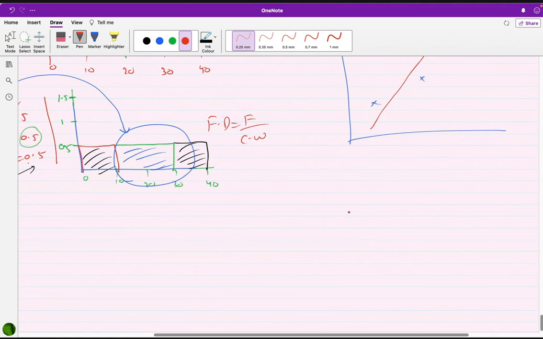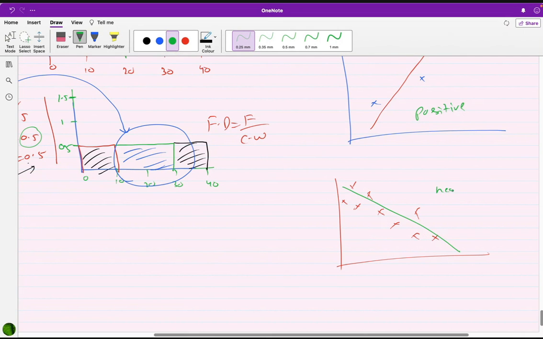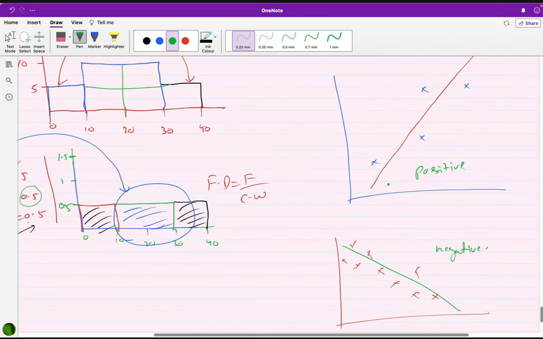So if we have data like this, for example, some roughly displayed data, the line of best fit would be this. The first one is positive, the second one is negative. When both values are increasing, x is increasing and y is also increasing, then we call it a positive relation.